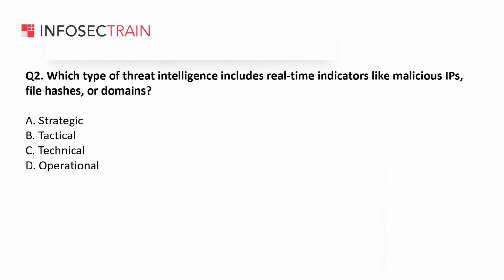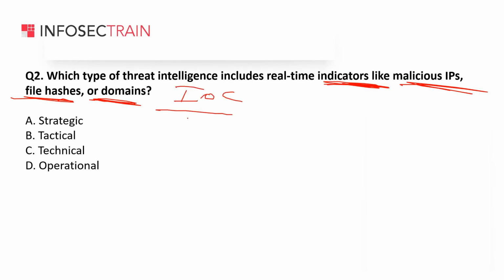This one, read the question very carefully. Which type of threat intelligence includes real-time indicators like malicious IPs, file hashes, domains? IOC we are talking about, indicators of compromise.